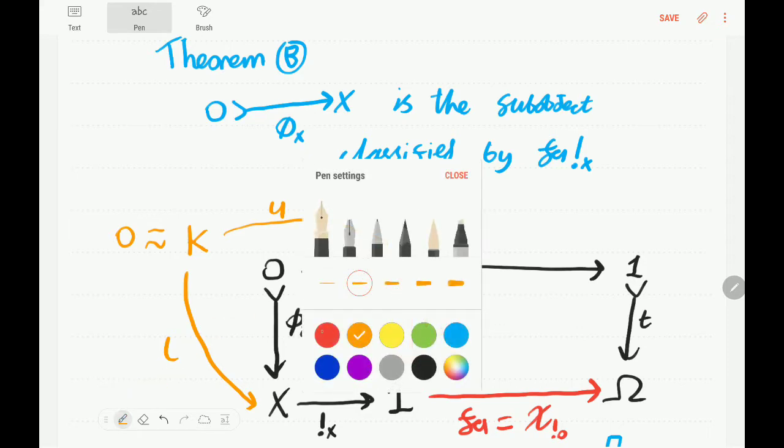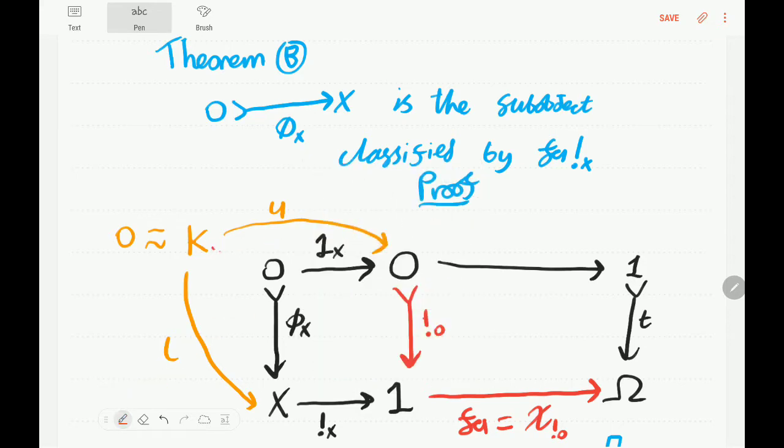And now that implies that there's just a unique arrow. I mean, basically I'm saying that because there's an arrow U from K to 0, one of our previous results said whenever we have an arrow from an object into an initial object, then the source of that arrow is itself an initial object. So we know that K is an initial object, so it just has to have a unique arrow into 0.